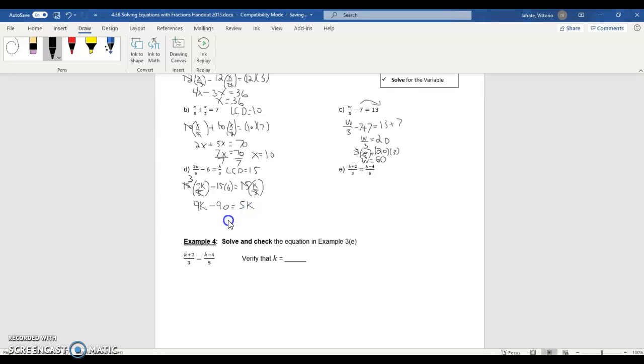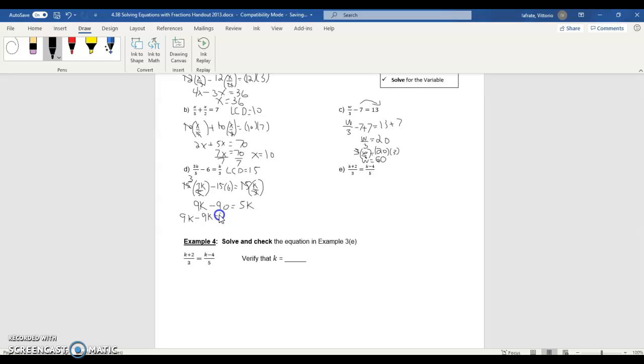And now we can isolate for our variables. We can collect all our variables to one side and constants to the other. I'm just going to choose to put my variables on the right side because I have a constant on the left side already. So what I'll do is get rid of the 9k by doing minus 9k.